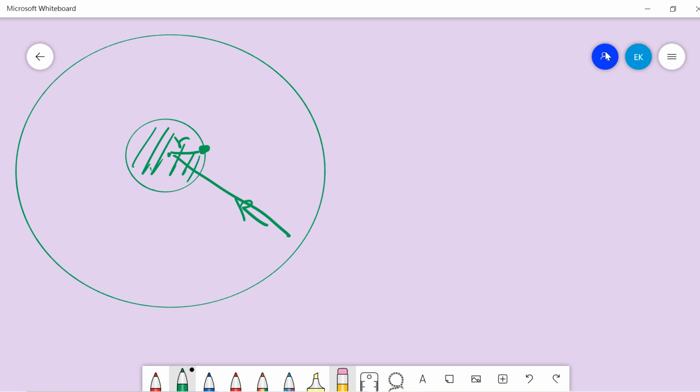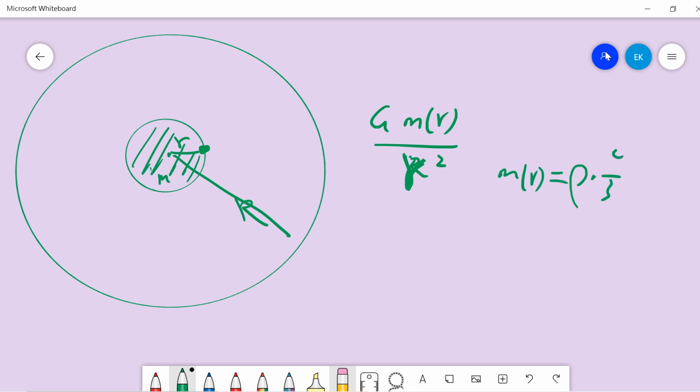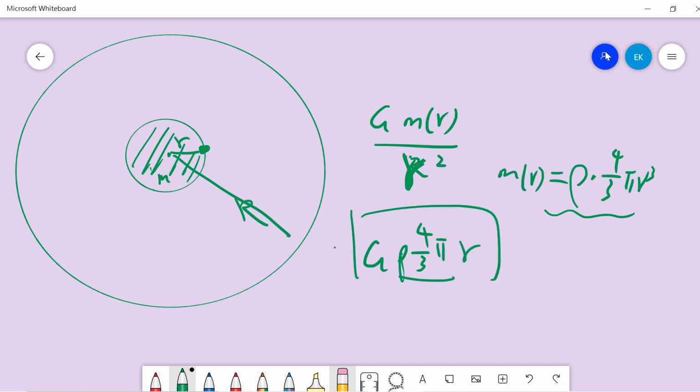All you need to know is the mass inside this sphere divided by R squared. But M(r) is proportional to just the density times the volume of this sphere, so the answer is just proportional to r. That's it.